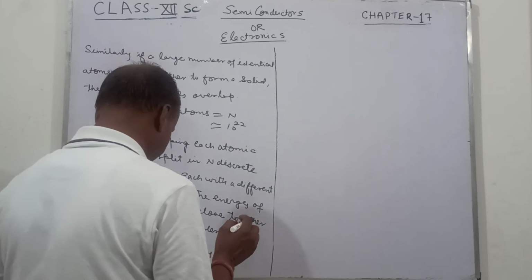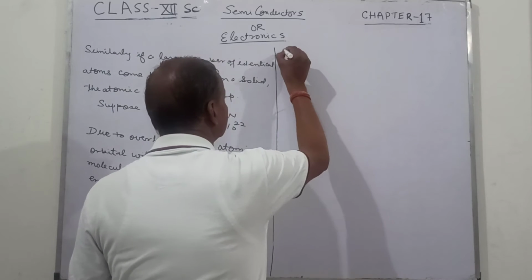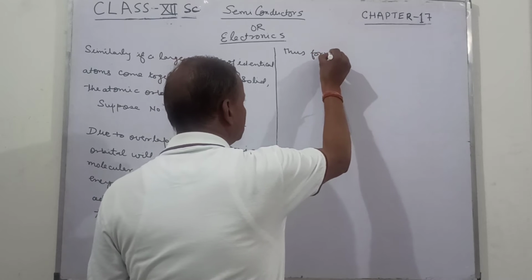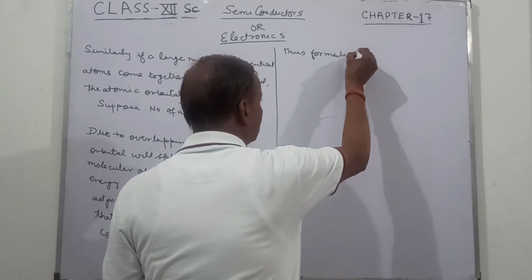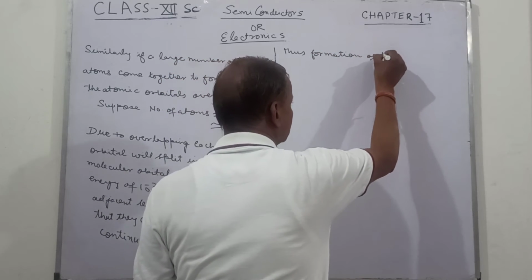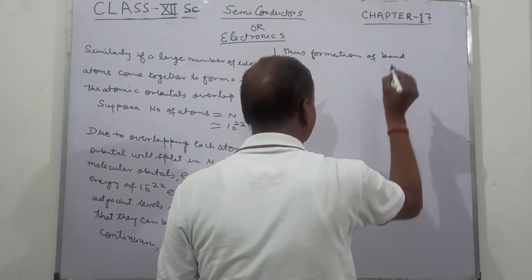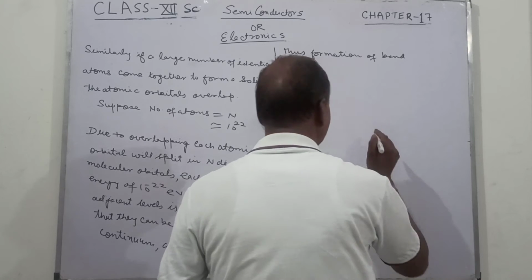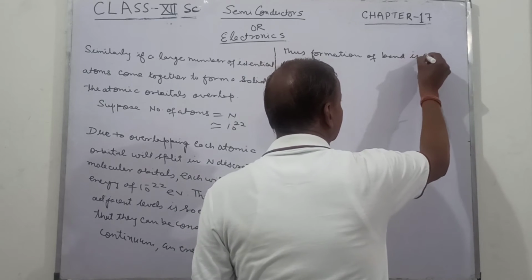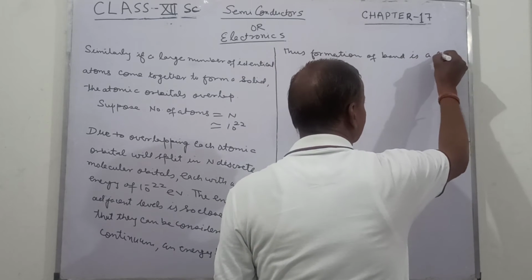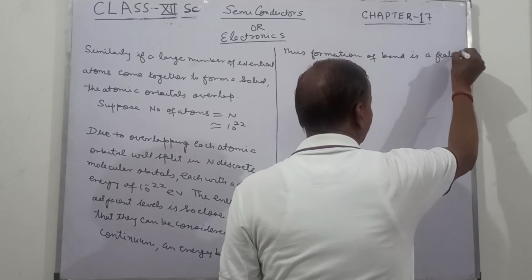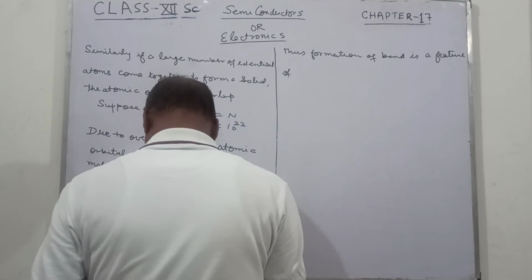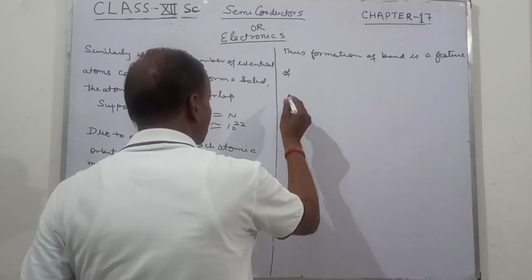Thus formation of band is a feature of outermost electrons.